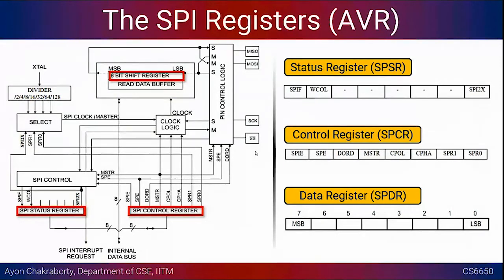So like other peripherals, for SPI there are only 3 registers. We have the data register that is used for loading data and reading data, either coming from the remote device or a sensor, or if you want to send some data to the sensor, that's where the data register comes in.